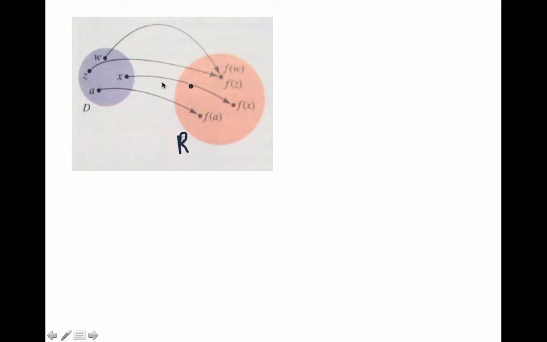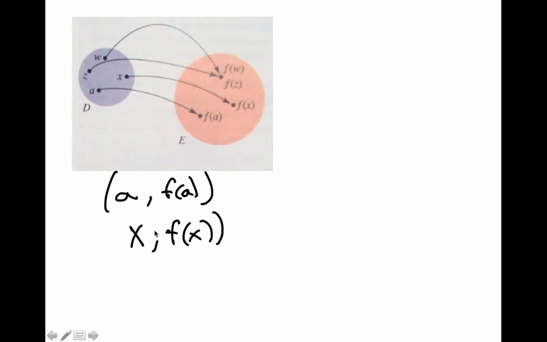Notice z isn't going to two different values, w is not going to two different values, just that this value can be gotten at in two different ways. Cool? I like that notation that we have a point A, and its y coordinate is f of A, and we've got a point X, and its y coordinate is f of x. Good? That's an important idea.